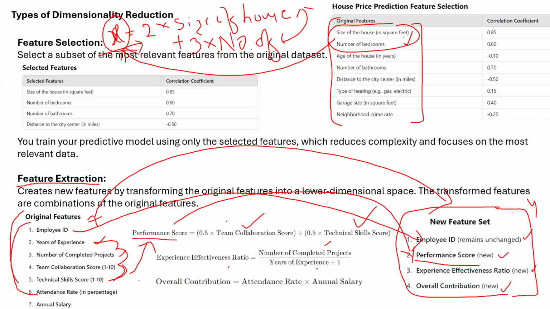In feature extraction, we are using every dimension in the original data set, linearly combining them and coming up with a new feature set. So this is something which is more frequently used.